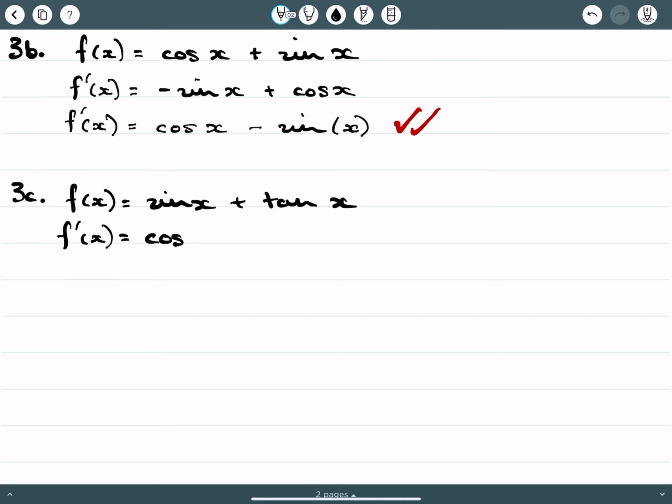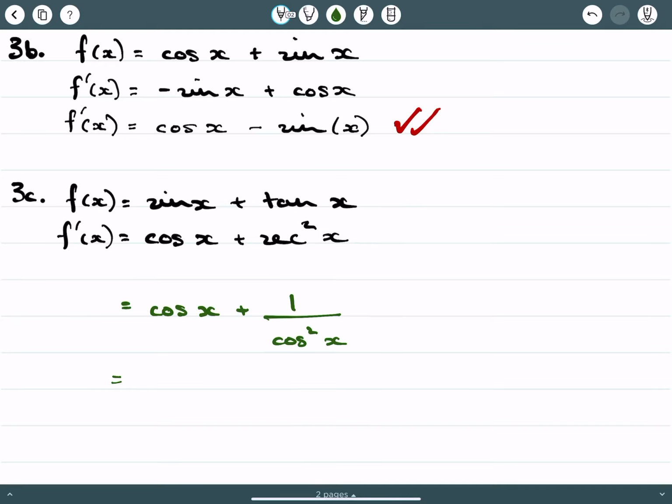That just becomes cos x. And tan x we just write as sec squared x. Some people may want to expand this out a little bit further. I would probably not do that. I'd just keep it in terms of sec squared x.